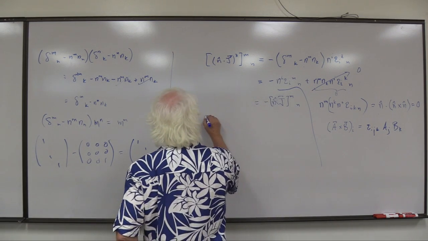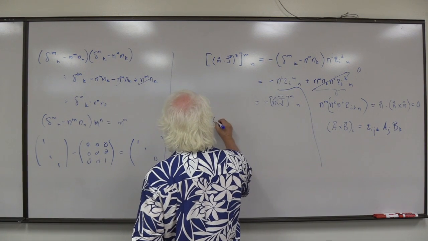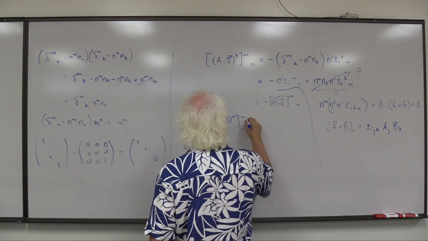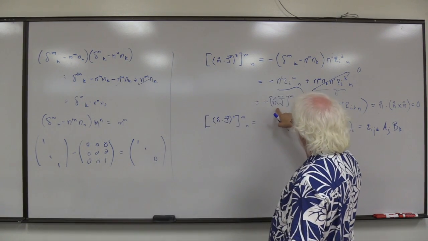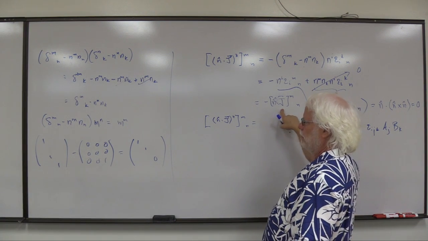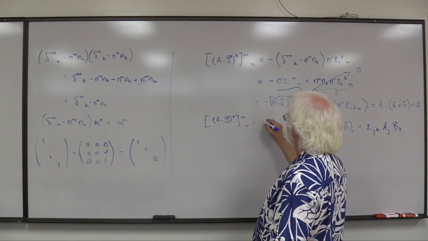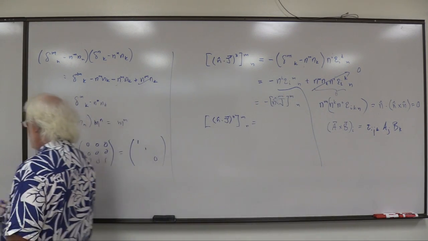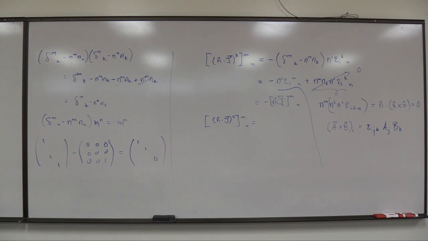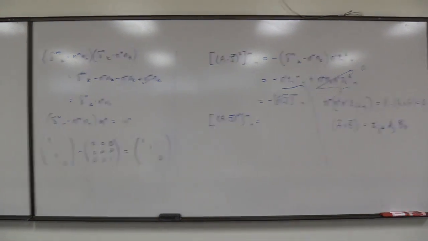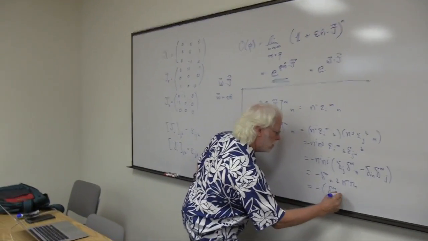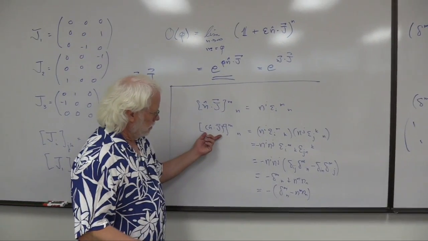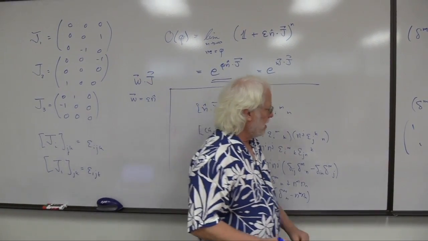Yeah, okay, so the fourth power is going to be minus this squared, which is our symmetric tensor again. But now notice, back here, this is minus our projection operator. So (n·j) squared is minus this projection operator.